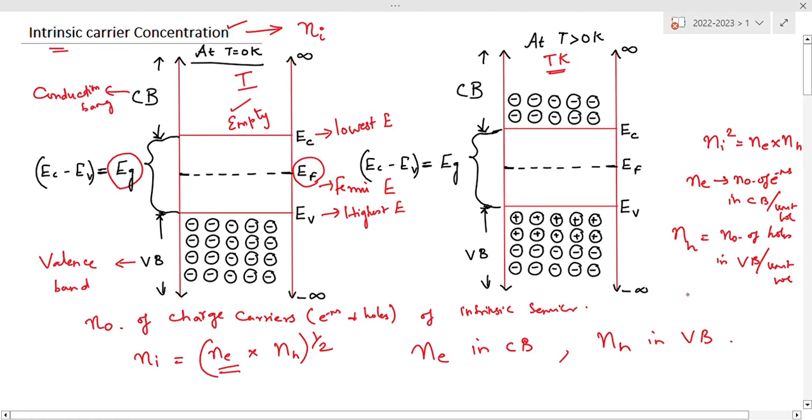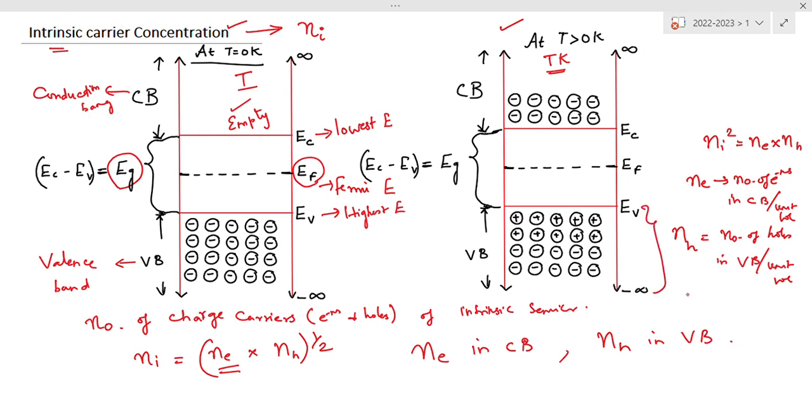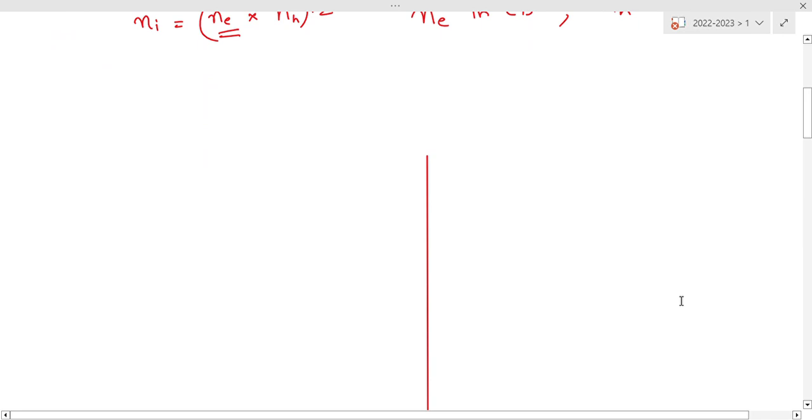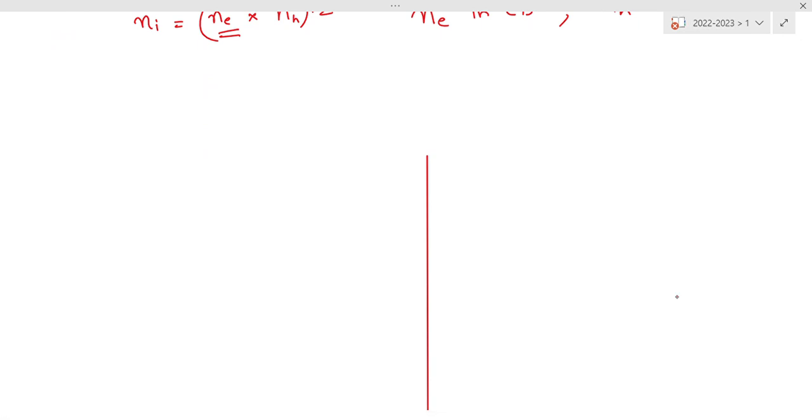Now in the second diagram, which shows when the intrinsic semiconductor is kept at T Kelvin, the limits of the valence band is minus infinity to Ev and the limits of the conduction band is Ec to infinity. From Fermi distribution function, the probability of electron occupying a particular energy level can be determined using f of E, that is Fermi distribution function expression.